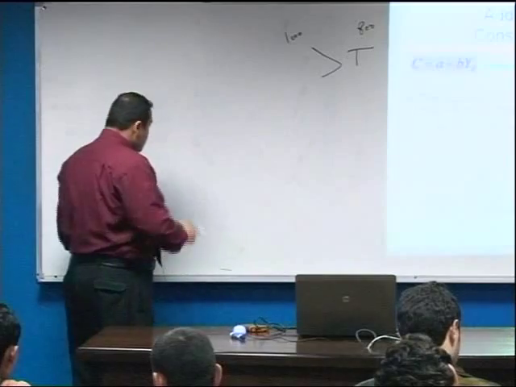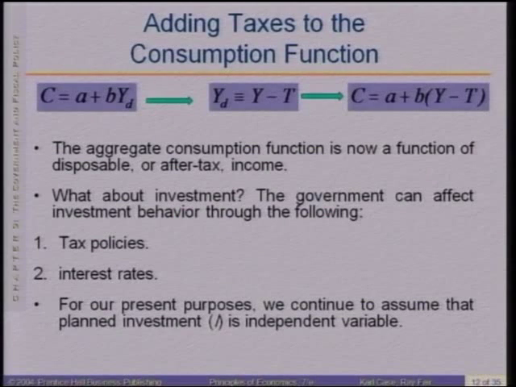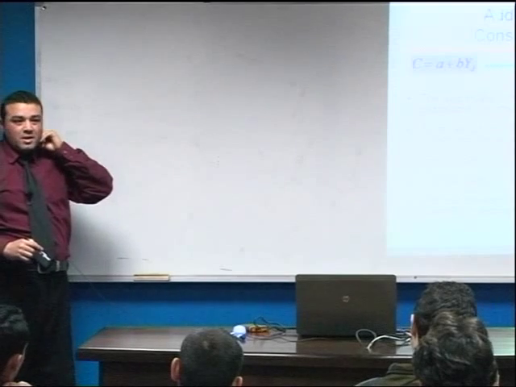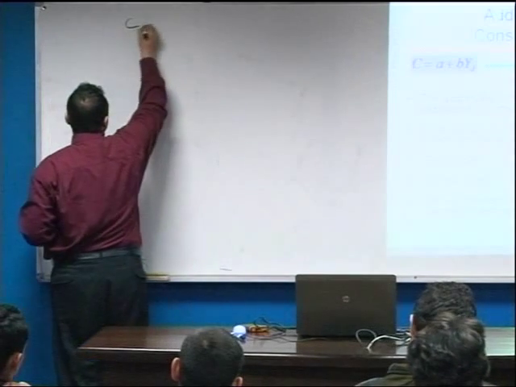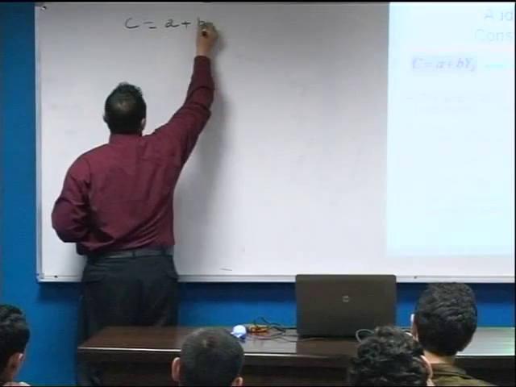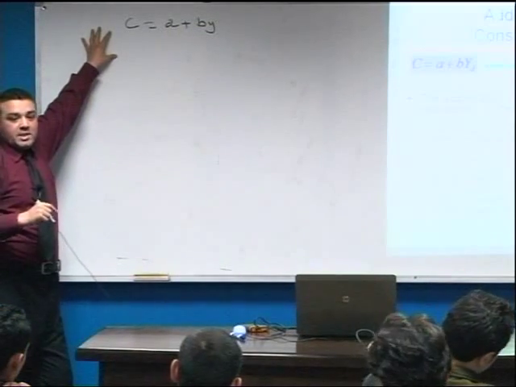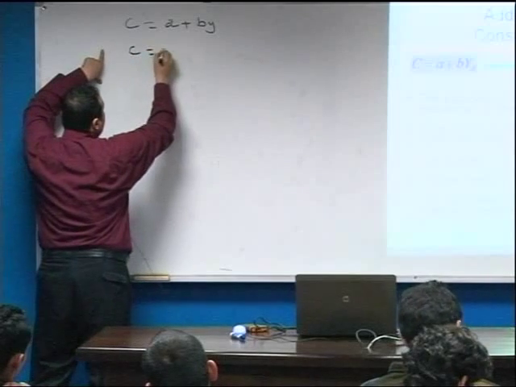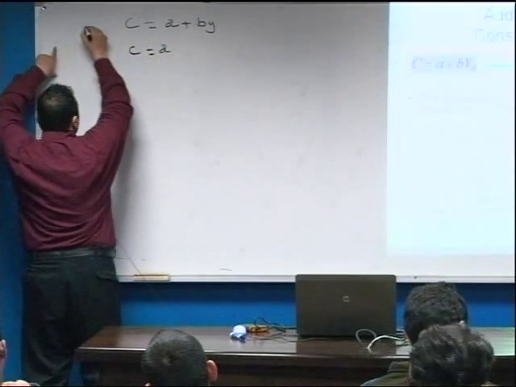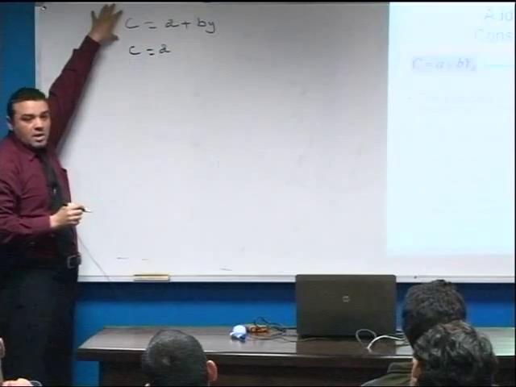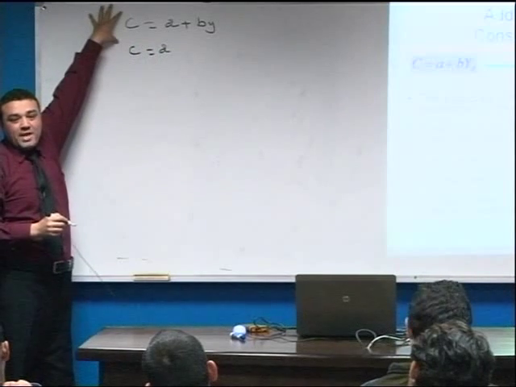In the previous chapter, the consumption function was C equals A plus BY. This is when we work under a closed economy without government.